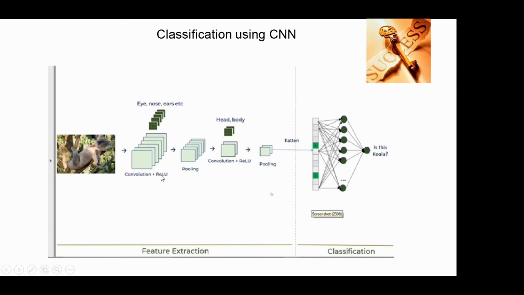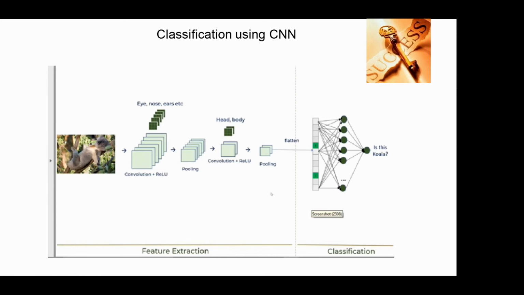There are various types of activation functions, which I will cover later. So you will apply an activation function here: convolution operation, then ReLU, then pooling. Pooling means the main important features are extracted from the convolution plus ReLU matrices.